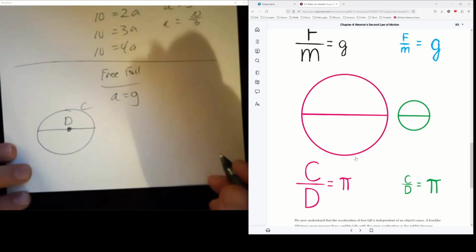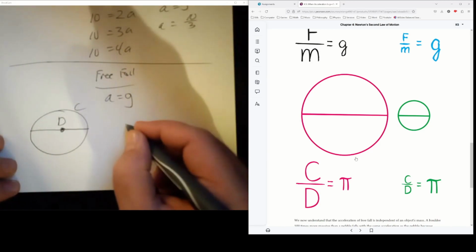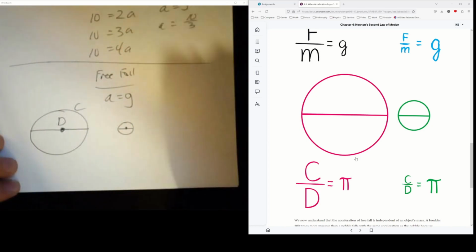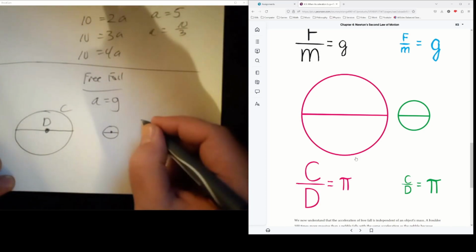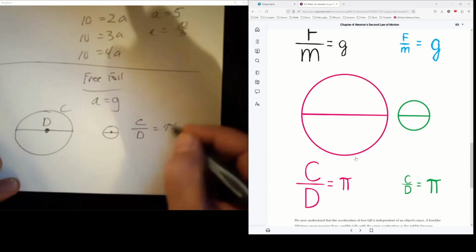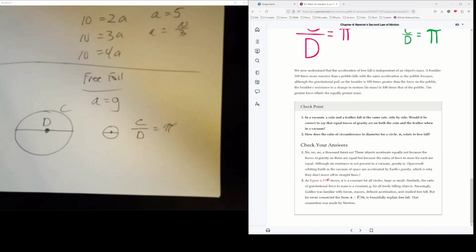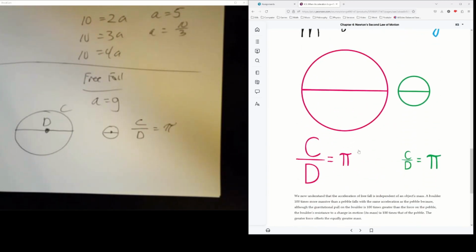They figured out thousands of years ago that no matter the size of the circle, whenever you do circumference divided by diameter, you always get the same number. And we call that number today pi. That's how you get this constant number for all circles. I get pi. But that's just a math thing.